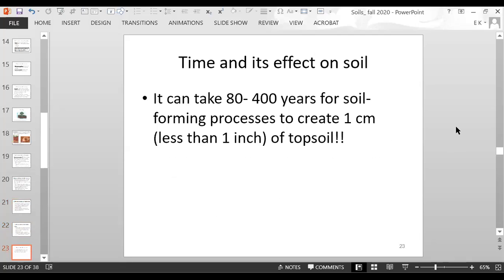It can take 80 to 400 years for soil forming processes to create 1 centimeter of topsoil. And 1 centimeter is less than an inch. So it takes a very long time for topsoil to form.